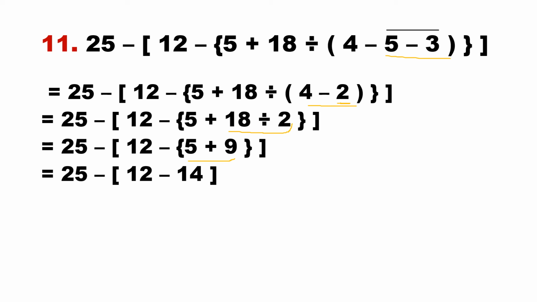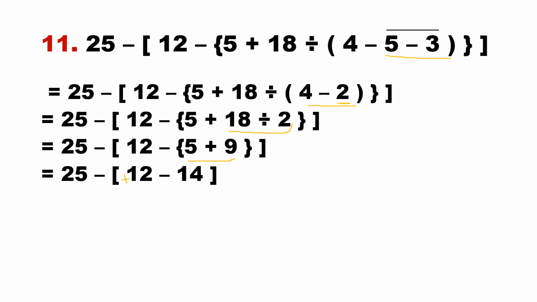Now here again I see 12 minus 14, which means this is plus and this is minus. So when opposite signs are there, what do we have to do? We have to always subtract, isn't it? So I will subtract, and I will give the sign of the bigger number, this 14. So minus 2.